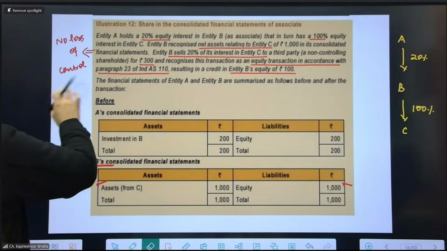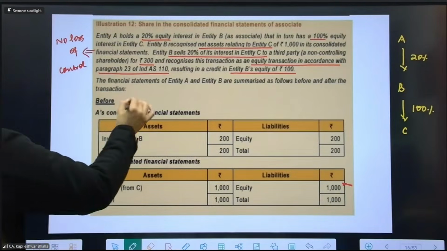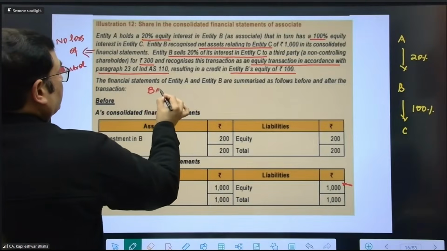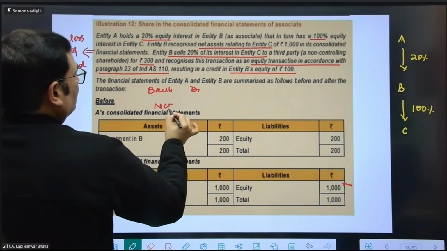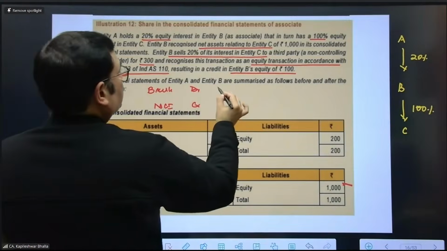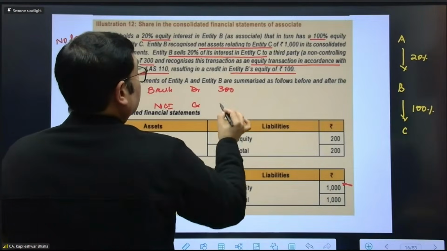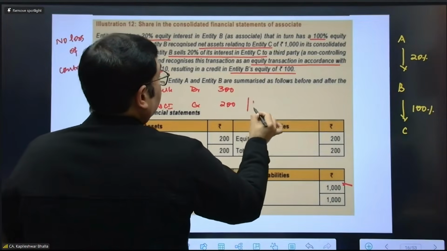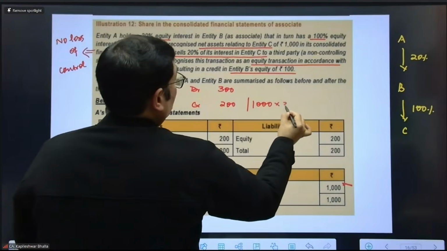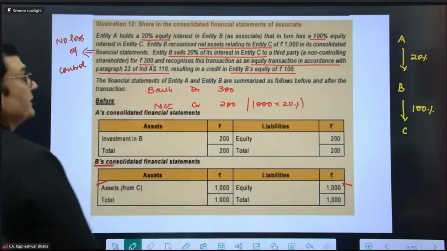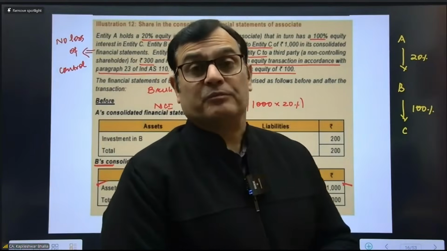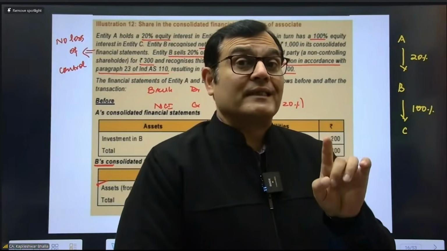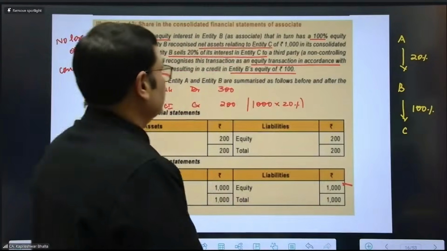It should be bank debit, NCI credit, I'm afraid. So the entry would be bank gets a debit and the NCI gets a credit. So bank gets a debit to the extent of 300, NCI will get a credit. Out of this 1000, 20% belongs to the NCI. And since in this particular case it's a transaction between the equity shareholders, the gain or loss is captured in the equity.